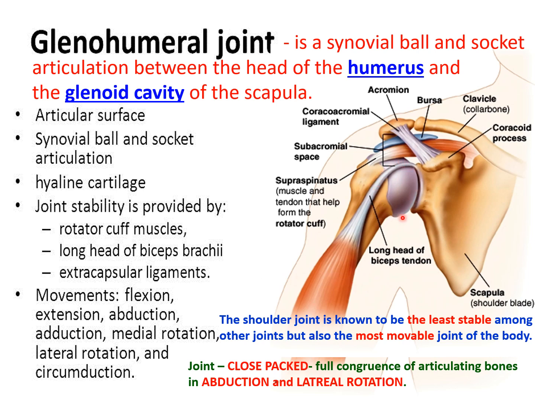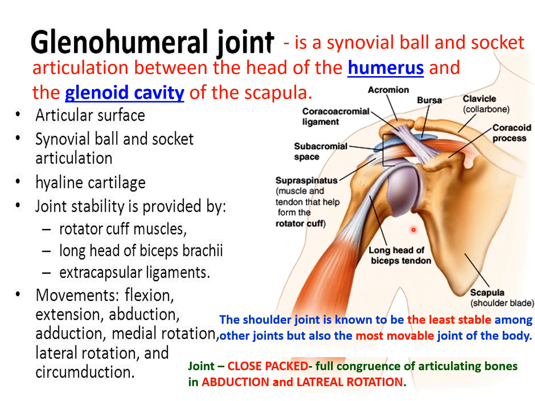As you can see, the ball of the head of the humerus is much larger than the socket of the glenoid cavity of the scapula. As the articular surfaces do not fit in properly as a ball and socket, the shoulder joint is the least stable joint among most of the other joints in the body, and it is the most movable joint.